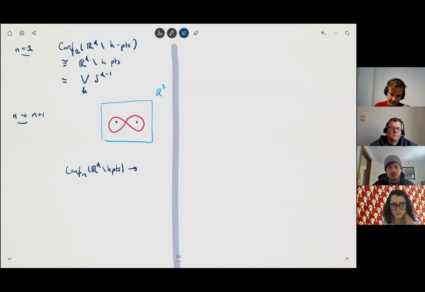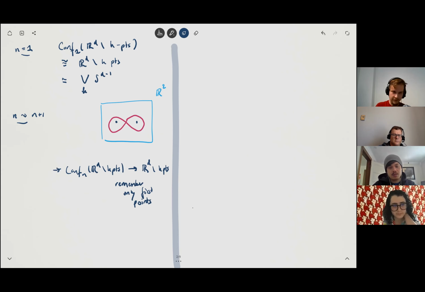It's given by just remembering the location of the first point. This fibration was proven by Fadell and Neuwirth. And what's the fiber?